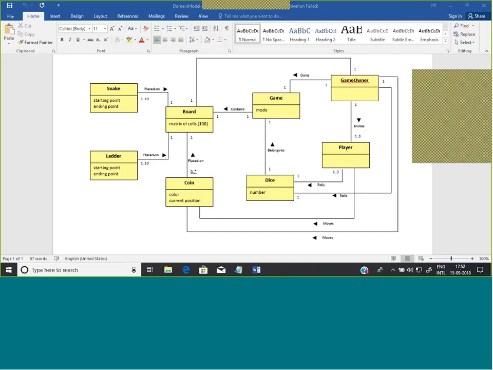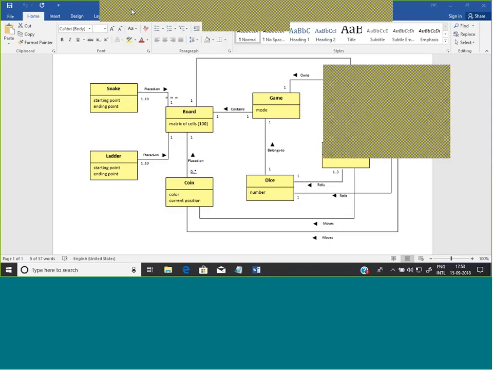This was a domain model wherein we said that there is a snake, there are ladders, and the attributes that we thought of at that time, that every snake would have a starting point and ending point, and every ladder would have a starting and an ending point, plus there is a board which has a matrix of cells, and there are association lines wherein it says that snakes are placed on board, ladders are placed on boards.